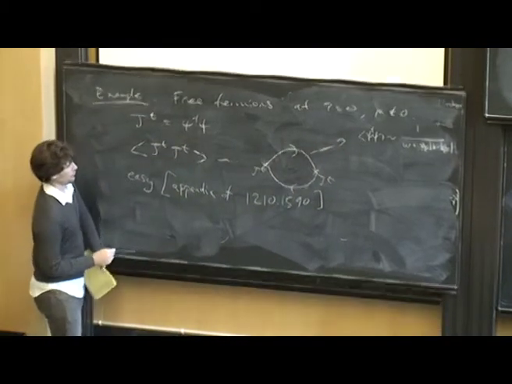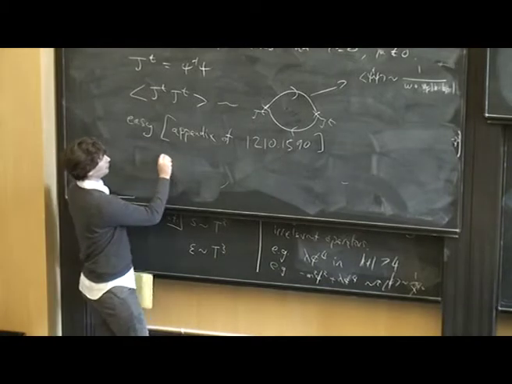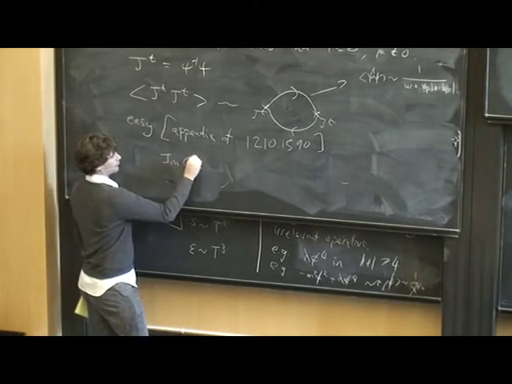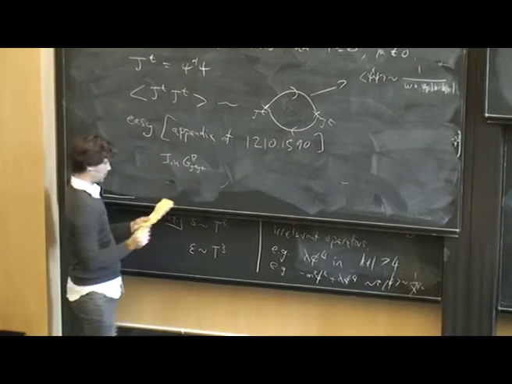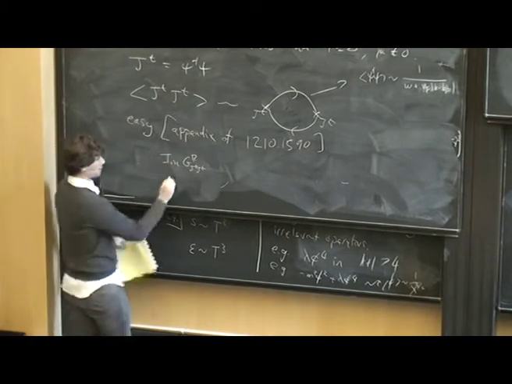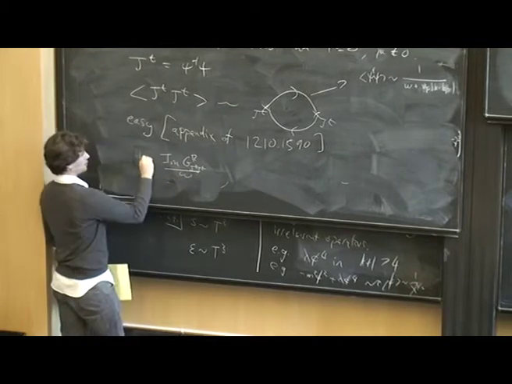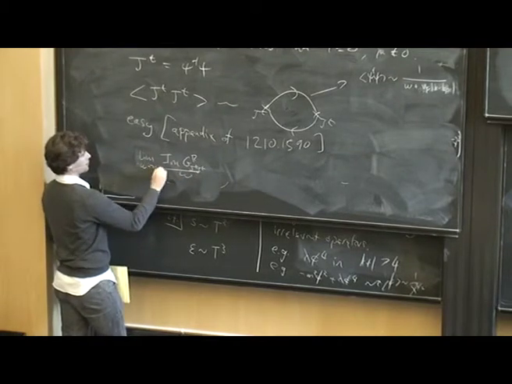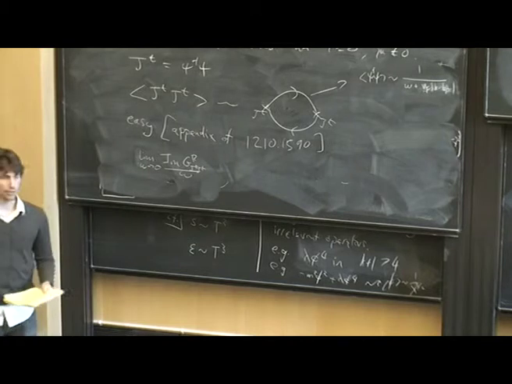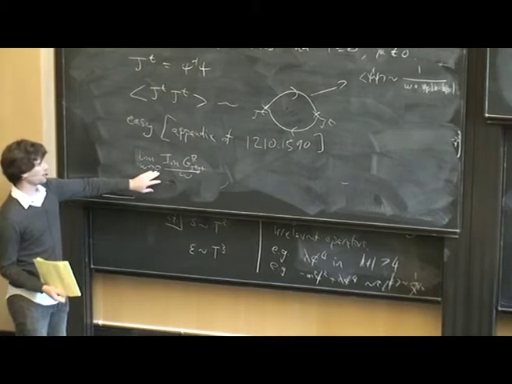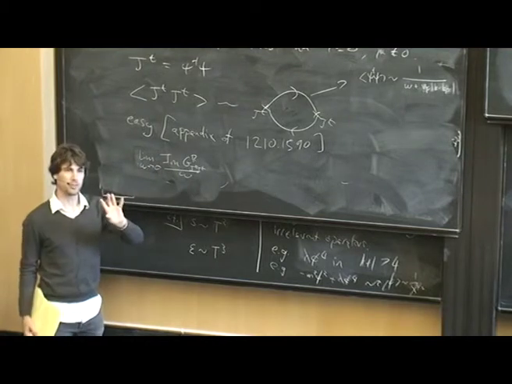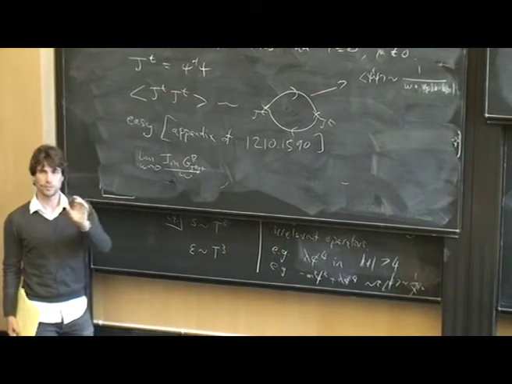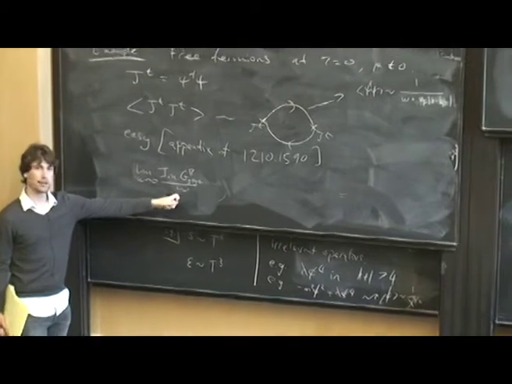We get the following plot. We find that the imaginary part of the retarded Green's function of the currents, divided by omega, in the limit as omega goes to 0. So let's look at the lowest energy excitations of the system. It turns out that the imaginary part of retarded Green's functions is odd, so to get a finite number, you divide it by omega.